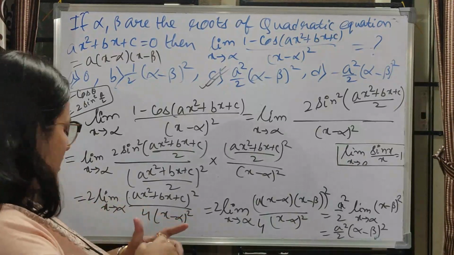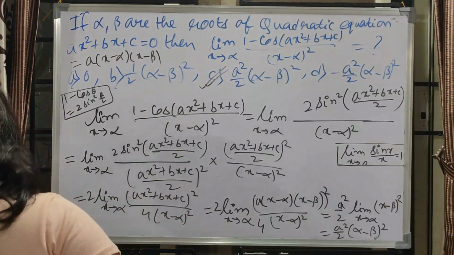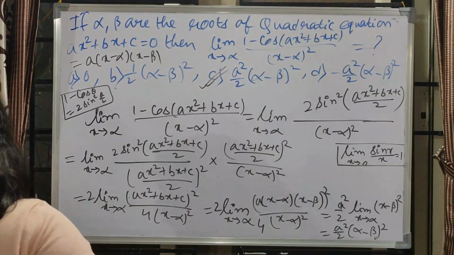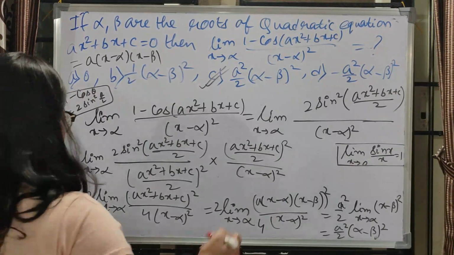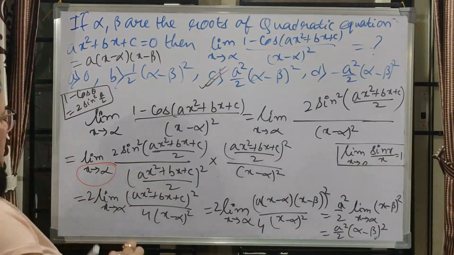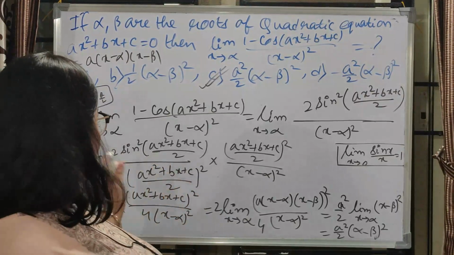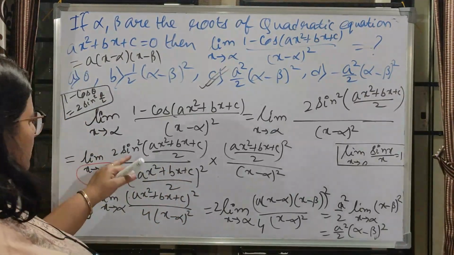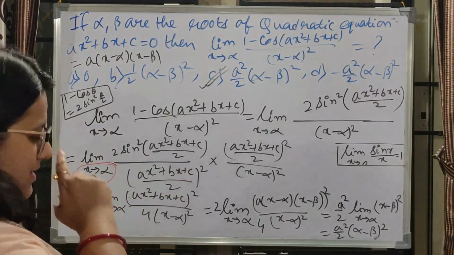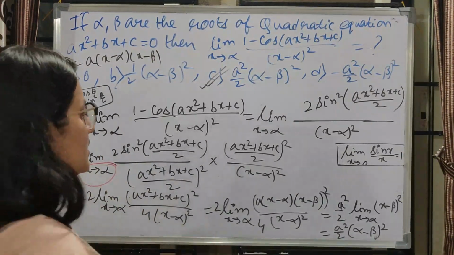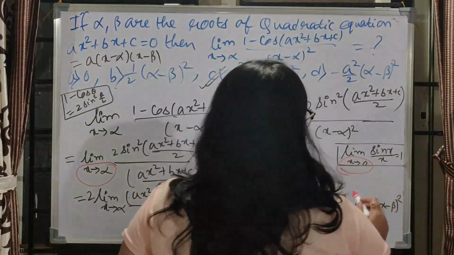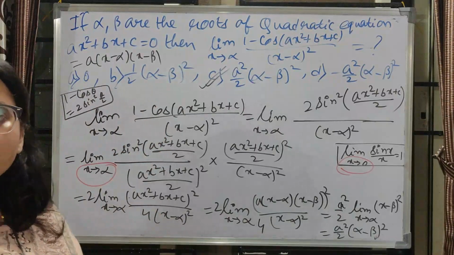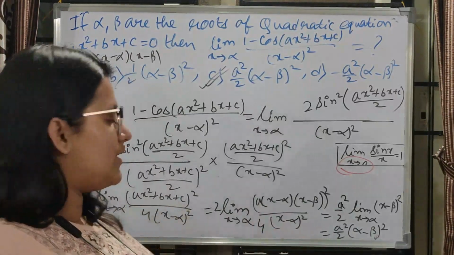Here one thing I would like to say: basically here x tends to alpha is there, but still we have written this limit value as 1, because our standard limit was x tends to 0. But here x tends to alpha, then why have we written the value as 1?